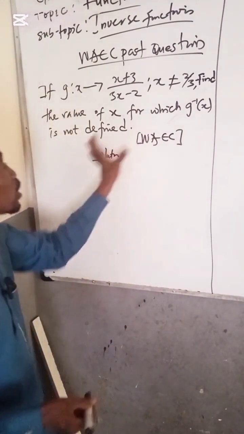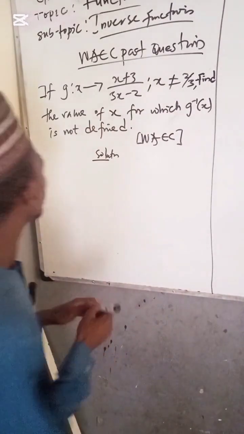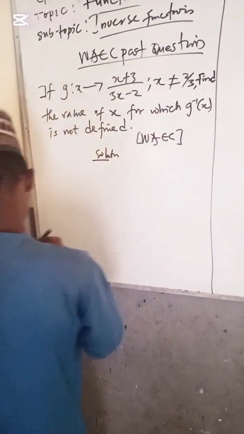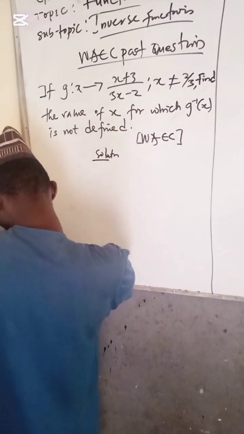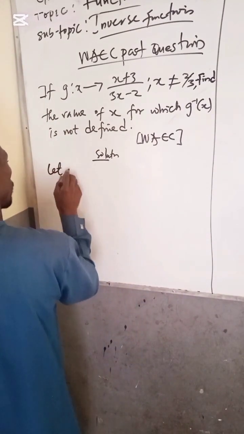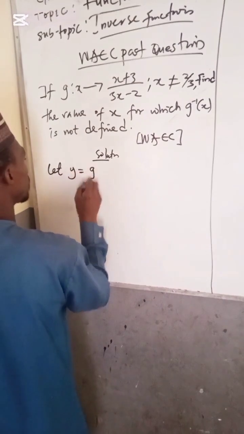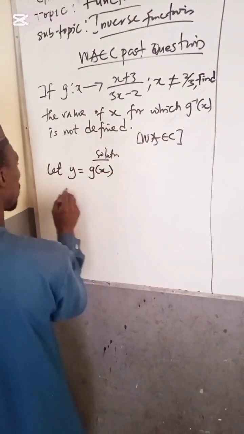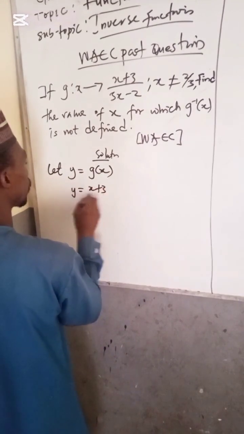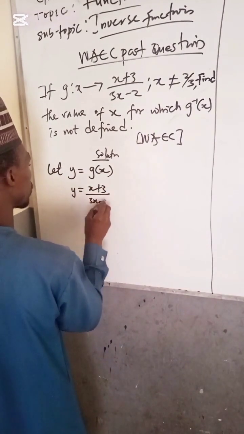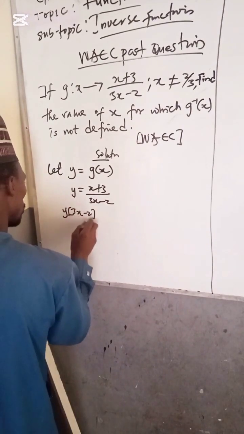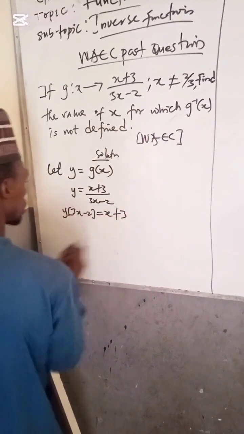And in finding g inverse, we already know, we want to say let y equals g of x, so that we can have y equals x plus 3 over 3x minus 2. So we have y into 3x minus 2 equals x plus 3.